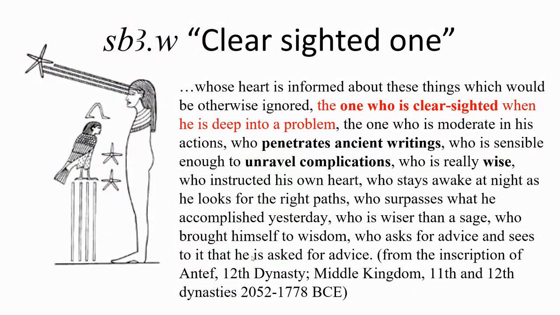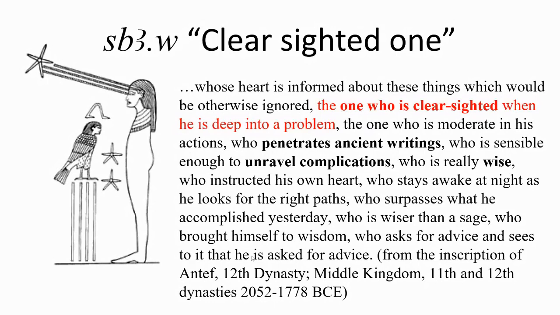And so we get a better insight into exactly how you can tell a Seba from an ancient Egyptian perspective, a clear-sighted one as we define it. And the inscription of Antef from the 12th dynasty tells us that a Seba is one whose heart is informed about these things which would be otherwise ignored.